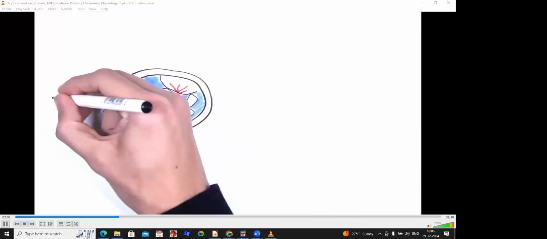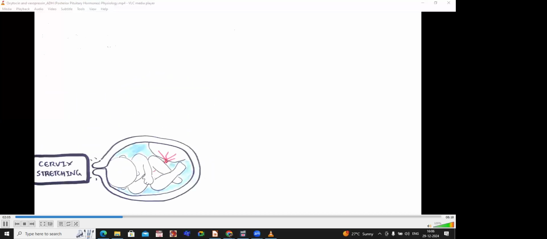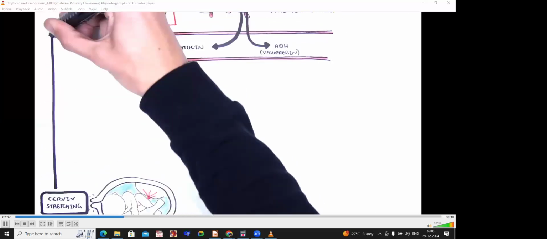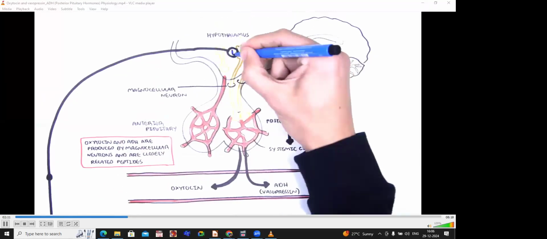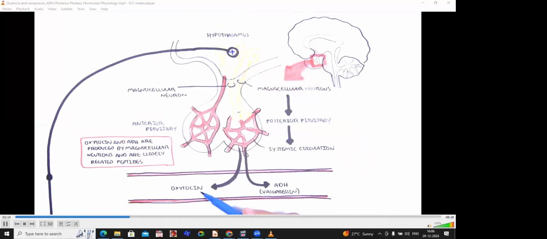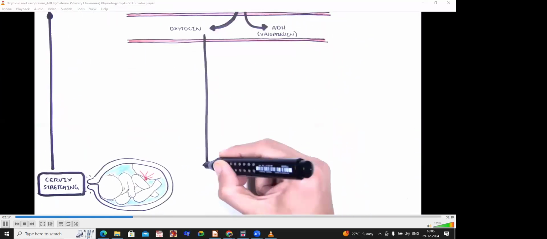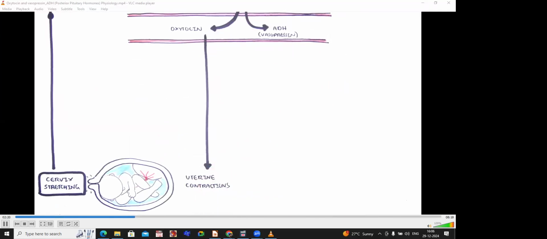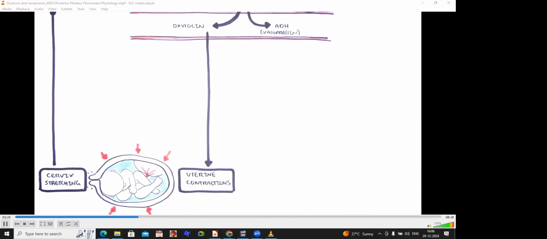During labor, the baby is ready to come out from the mother's womb. It will begin to stretch the cervix. This stretching of the cervix during labor will send signals to the hypothalamus, telling it to secrete more oxytocin into circulation. Oxytocin travels to the uterus, and here oxytocin will bind onto oxytocin receptors in the uterus, where it will cause rhythmic uterine contractions.